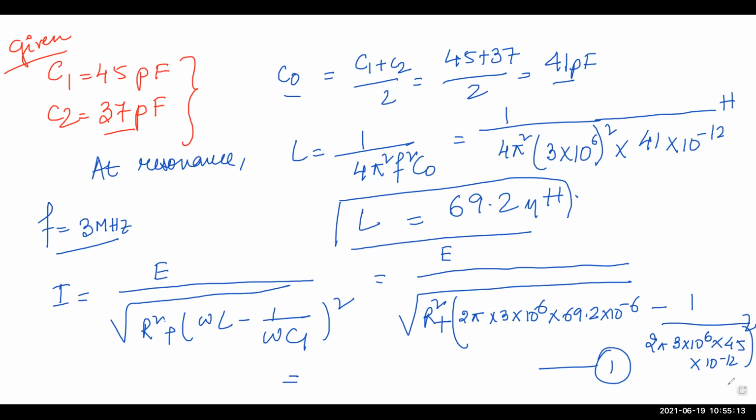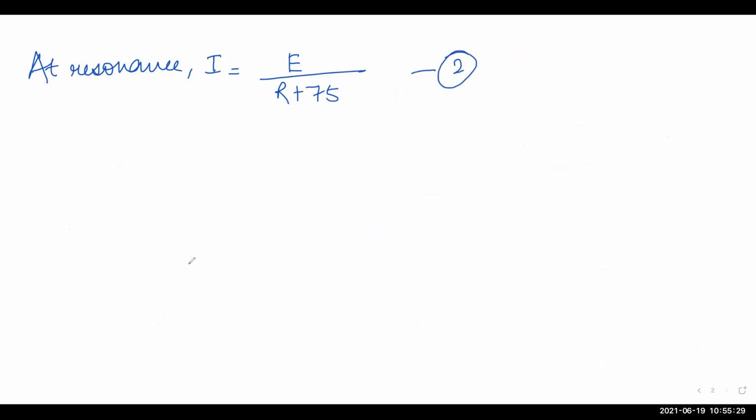If I go to the next page, then at resonance I can write my I is equal to E by R plus 75. Can I write this equation from the last statement of the problem? Now, I got two values of current. One is with the added series resistance, another is the normal current in the whole circuit.